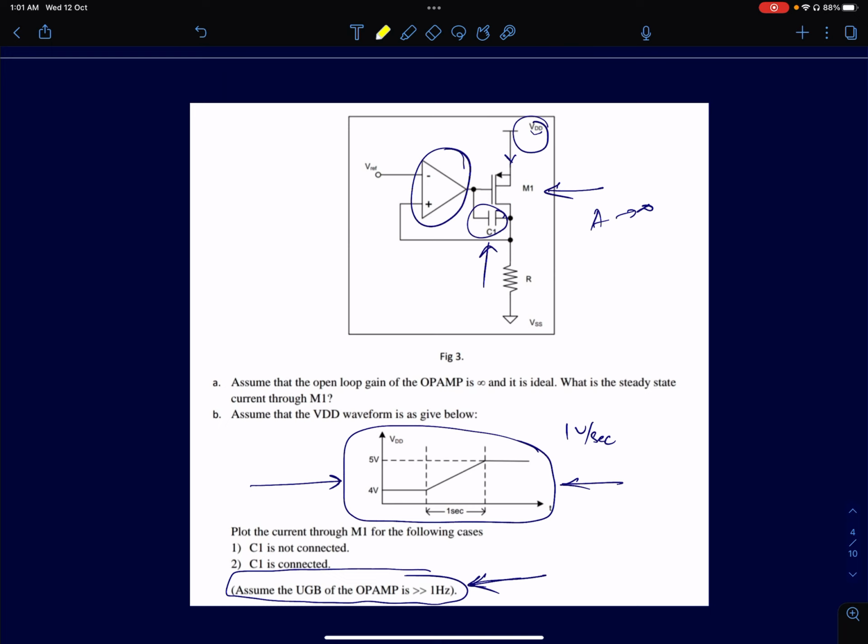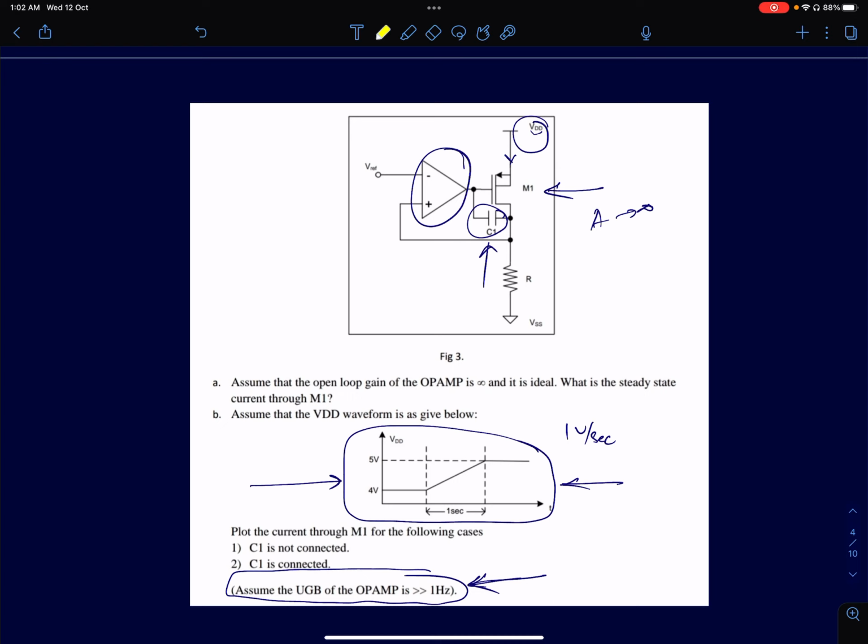Before we solve this, the way I'm going to solve this problem, I'll reduce it and try to solve an equivalent problem which is much simpler to understand, and finally I'll come to the solution for this problem. The first case, when the capacitor is not connected, is very simple.